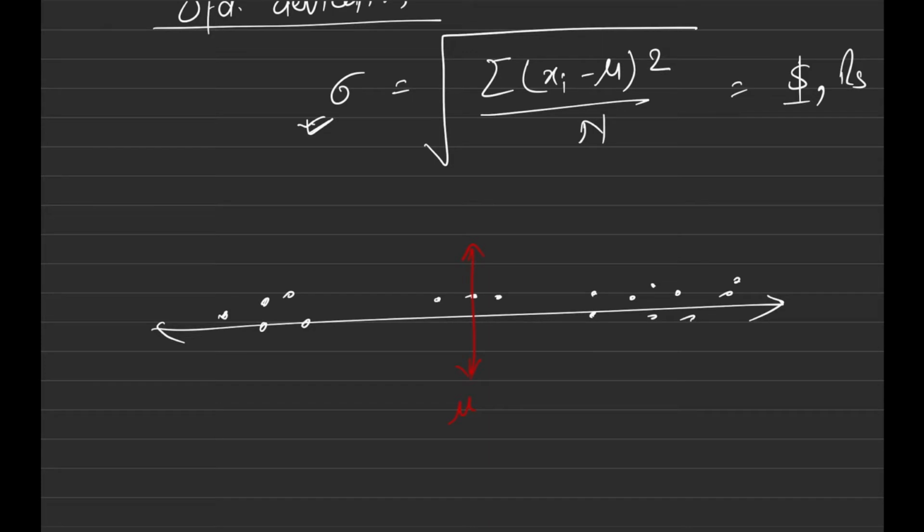Now you want to calculate how many data points are there from, let's say, mu plus x, and how many data points are there from mu plus y or something like that.